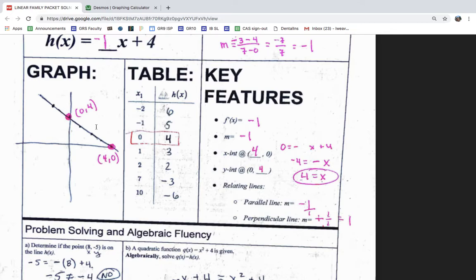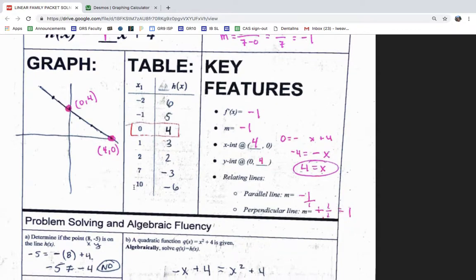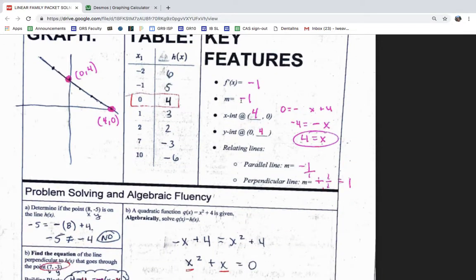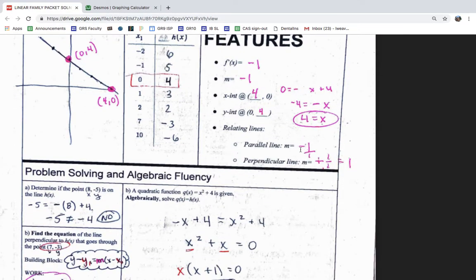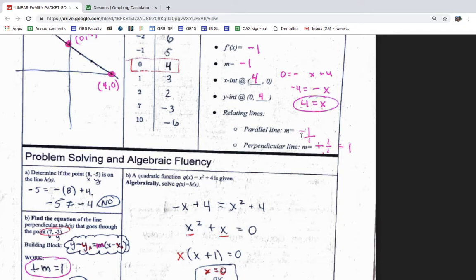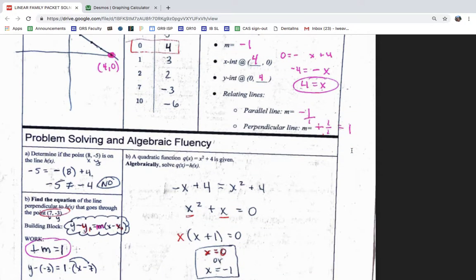And now I really can finish labeling that graph. My slope was -1, therefore my rate of change, f prime of x, is -1. My relating lines, a parallel line would have the same slope, perpendicular line would have the flipped fraction and made positive, so that would just be +1.